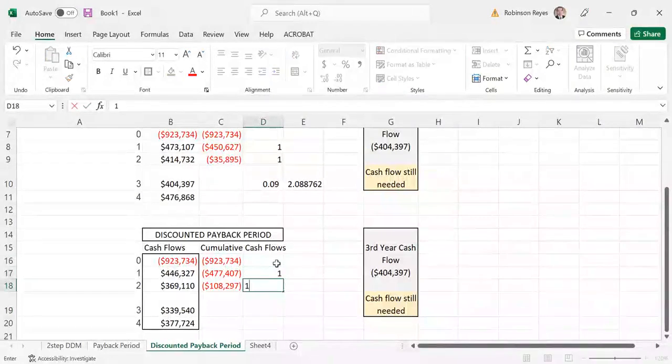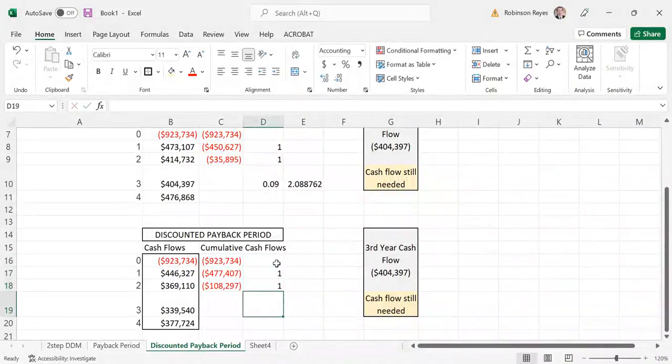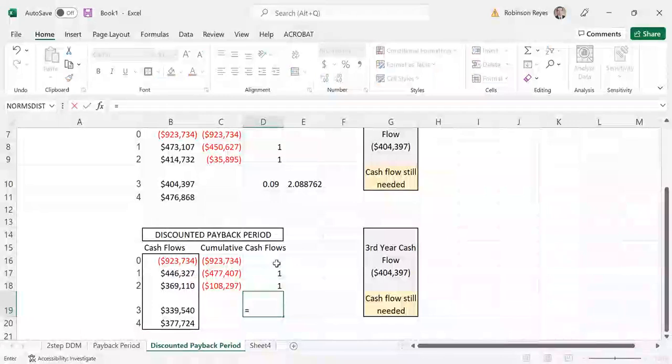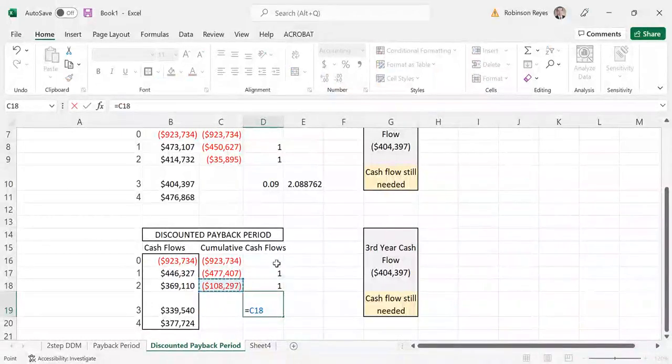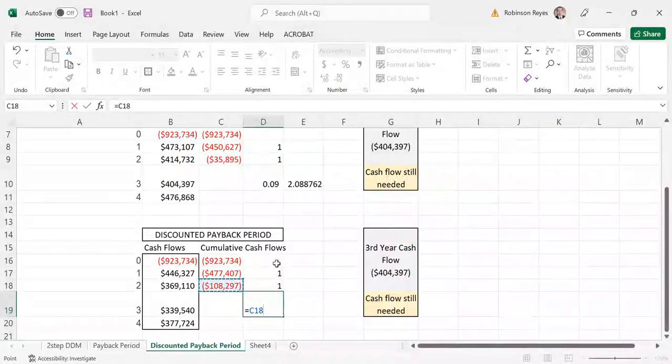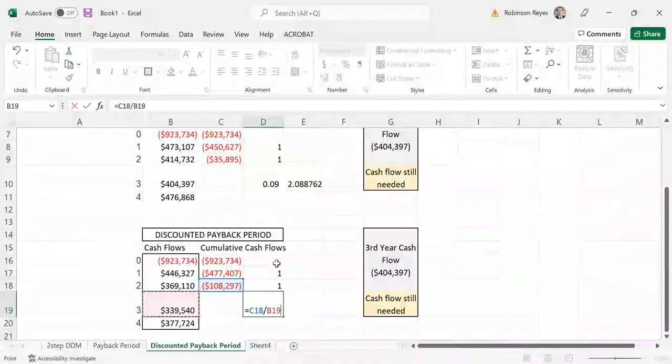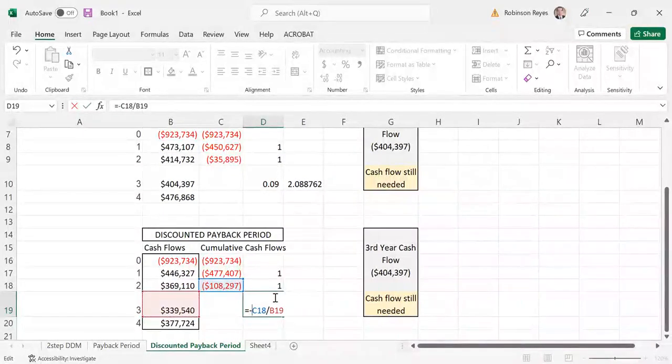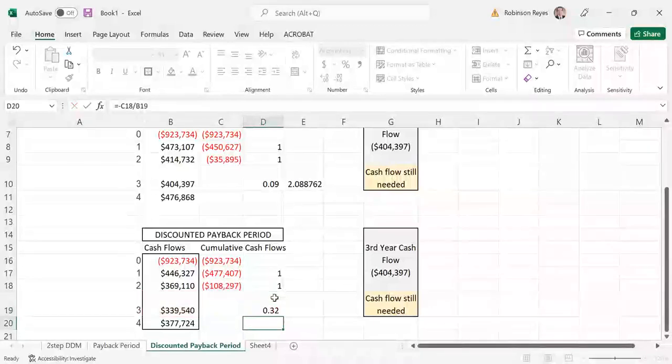It took us the entire second year, yeah. And then for the third year, we're just going to divide how much money we still need to recover our initial investment, and state that as a percentage of the third year cash flow. And just because this number is negative, I'm going to add this negative sign here, so the whole figure doesn't come up as negative, but rather positive.